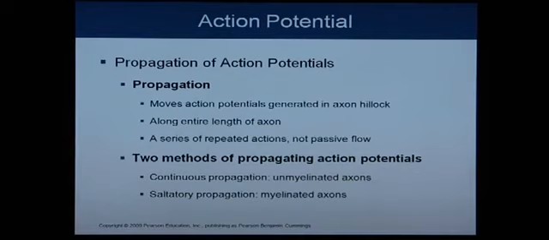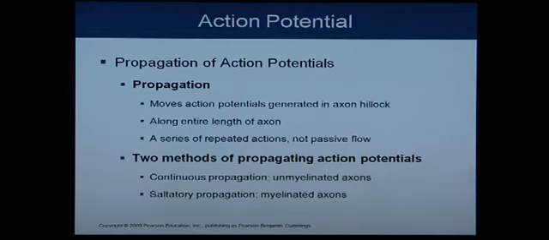Okay. So propagation of an action potential. Propagation is to move an action potential along the axon. We want to go along the entire length of the axon, and it's a series of repeated actions. It's not passive. There are two methods of this. We have continuous propagation and we have saltatory propagation.